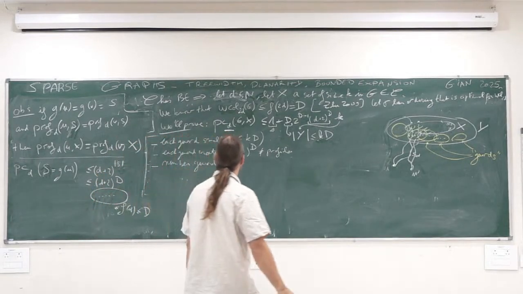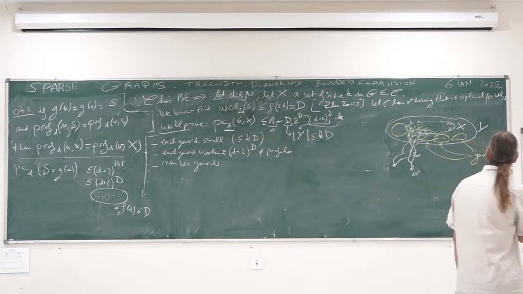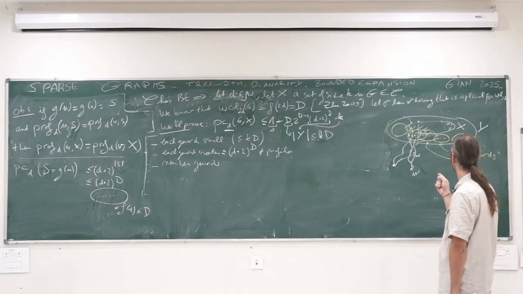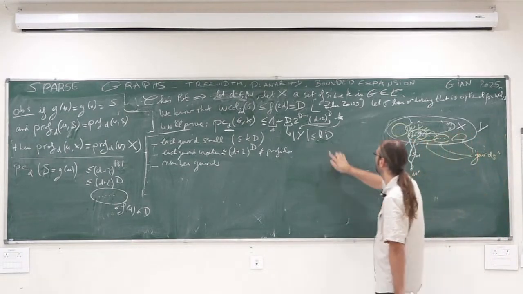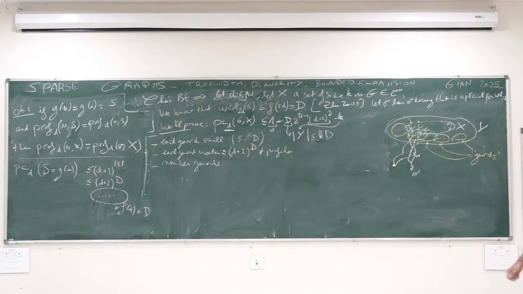Oh yes. Each guard is at most D. Yes, because each guard was a reachability set. Yeah, correct. Then where does my K come from? Oh, okay.